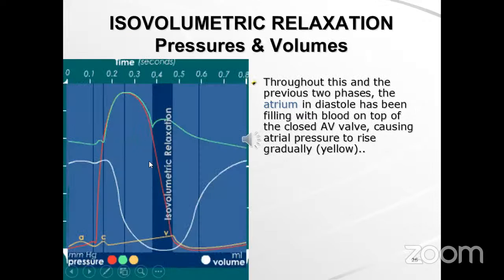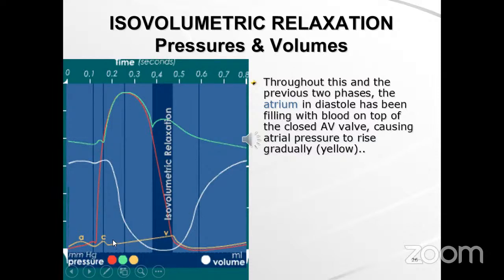Here, the ventricular pressure moves down sharply, and the atrium in diastole has been filling with blood on top of the closed AV valve.